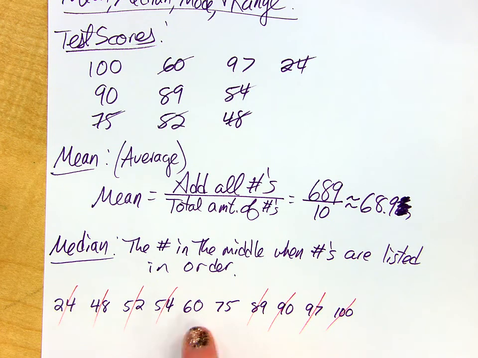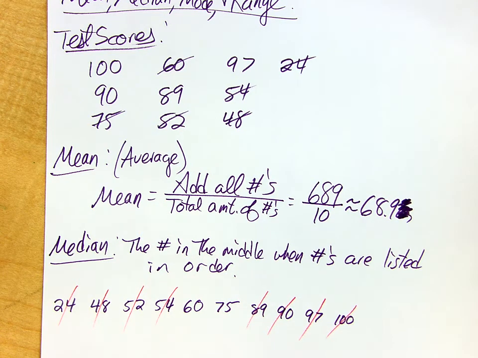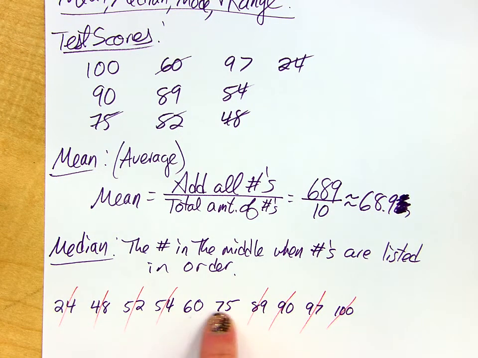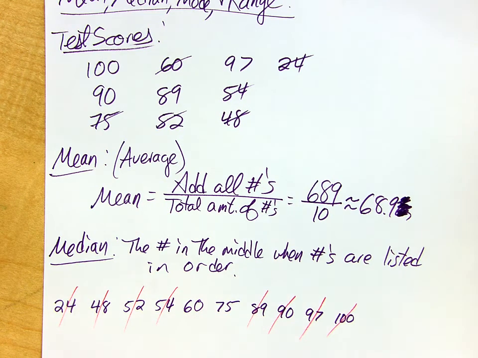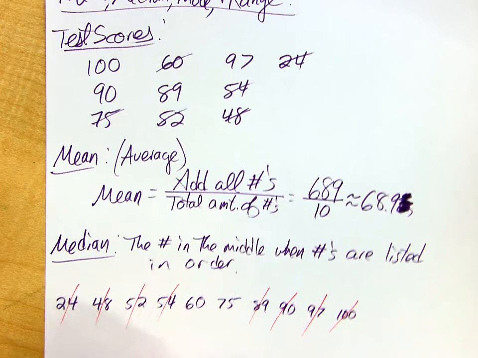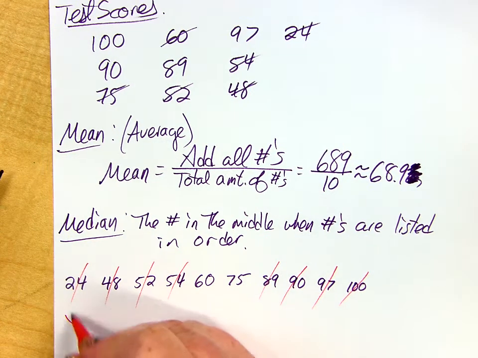So does anybody know what I do when I have two numbers in the middle? I remember that. Haley? Add. Well, there's a lot of right answers if you put them together. You basically have to find the average of those two numbers. So you add them together and divide by 2. I just want halfway in between 60 and 75. Add them, divide by 2. Okay? So let's put a little star.